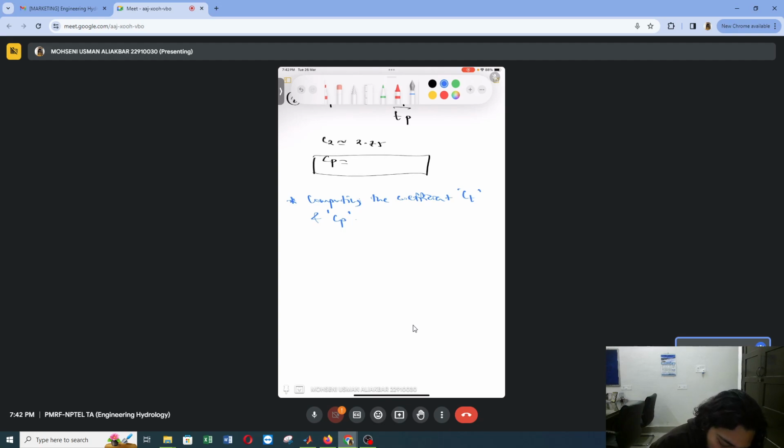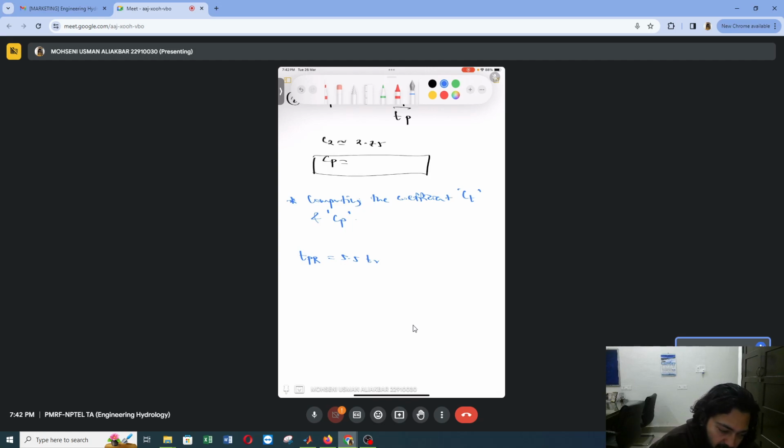So how can we do that? We are going to check if Tp of R is equal to 5.5 times Tr, right?